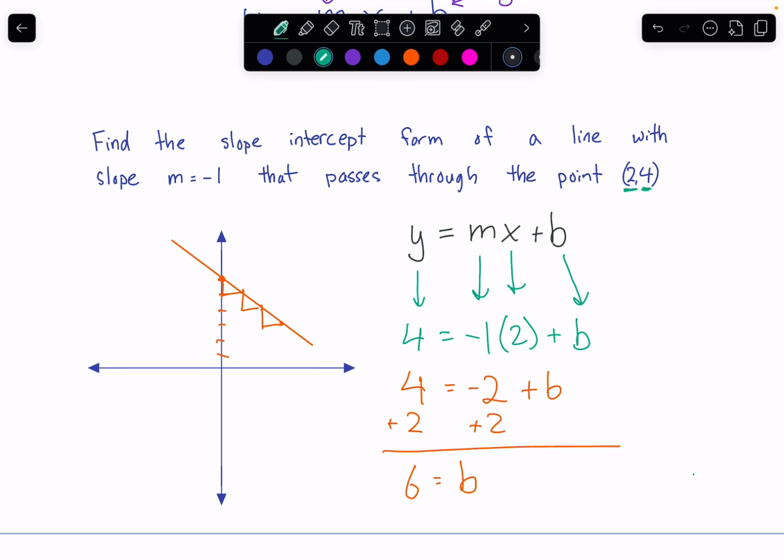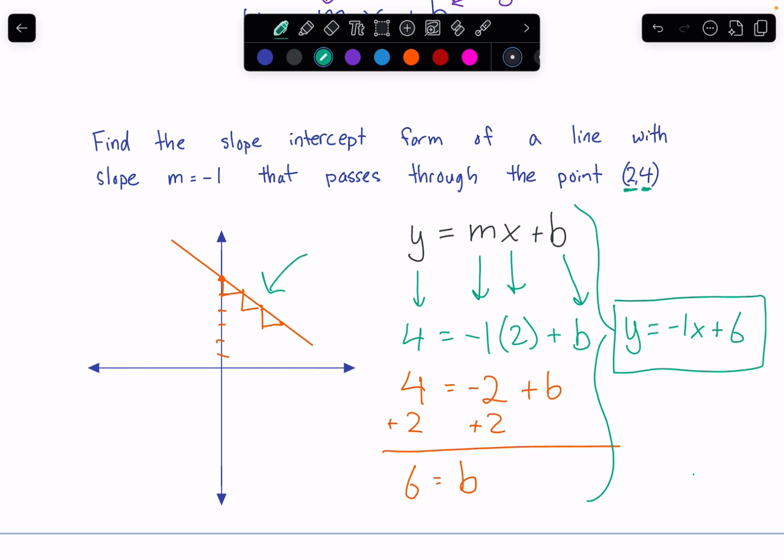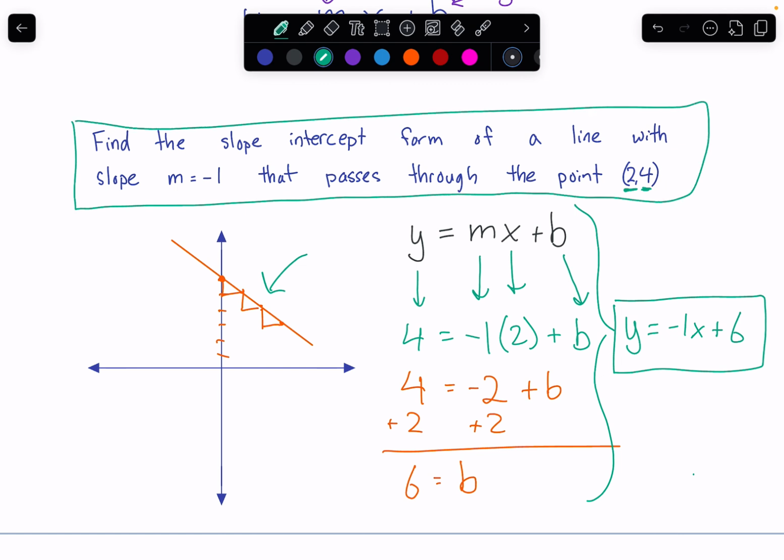So now just to formalize the whole thing, we know a slope and we know a y-intercept. So y is equal to the slope, -1x plus 6. And this equation right here describes this line right here and is built from this information up here, the slope and 1 point. All right, that's all I got.